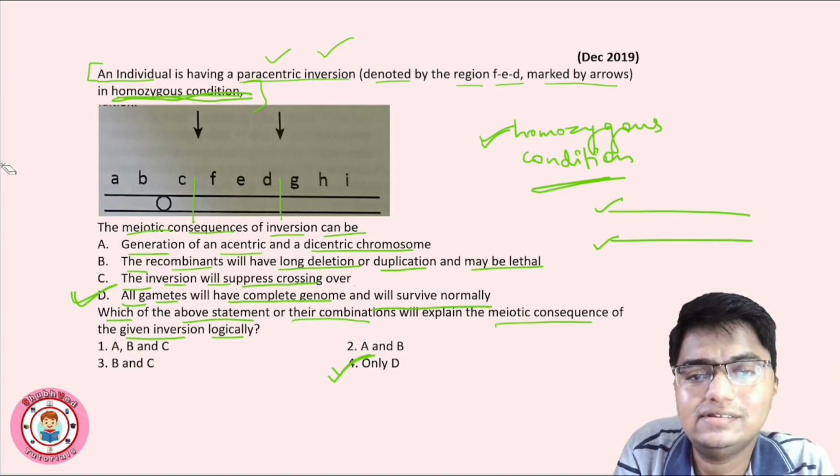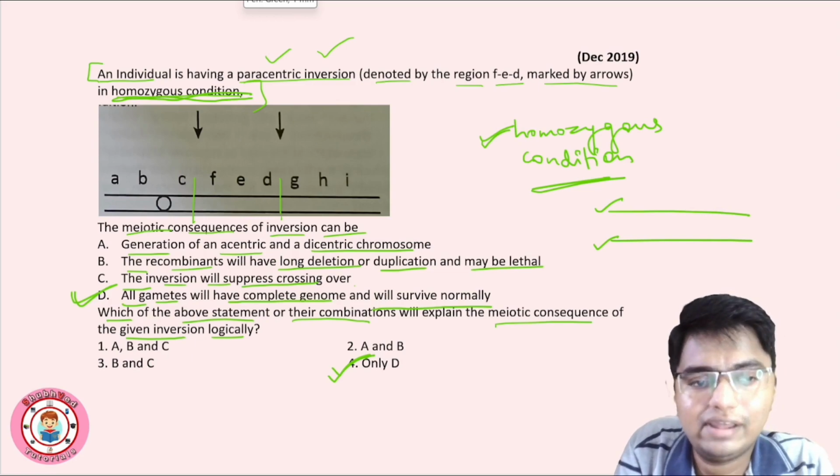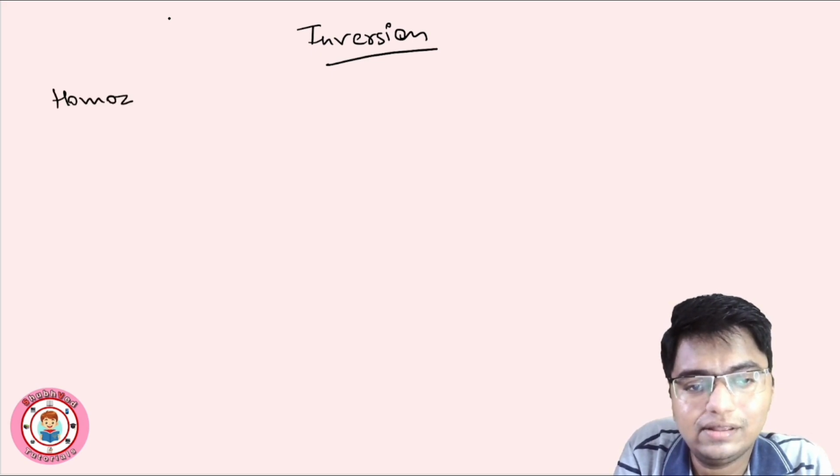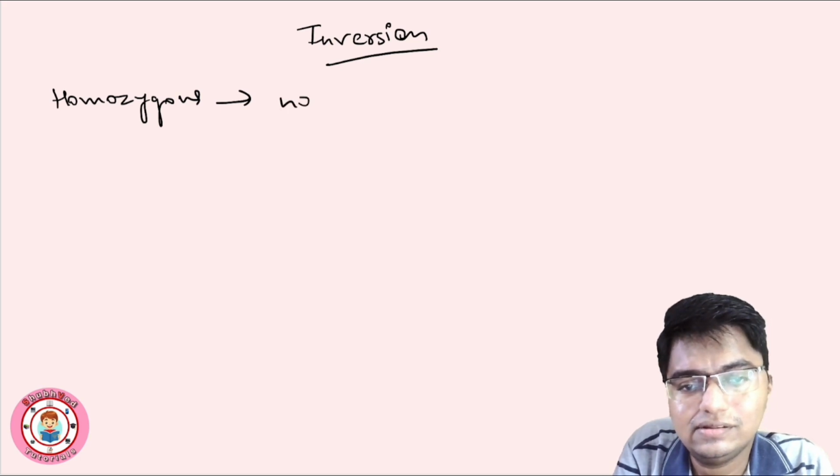Homozygous condition results in normal gamete, normal survival. Now let's make here a short note type. Okay, inversion. How you can remember inversion? First of all, homozygous है, then this is completely normal.